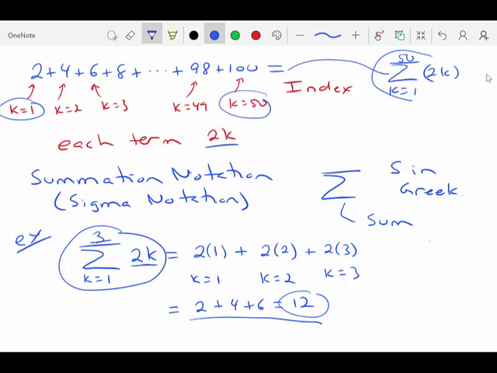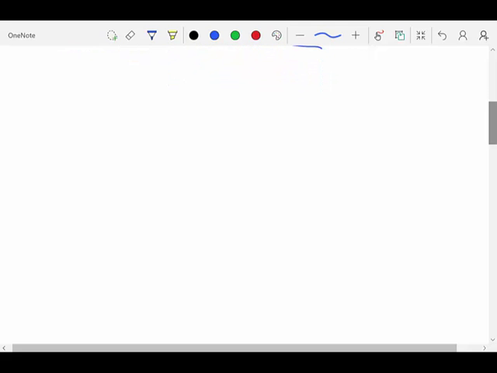Obviously, you could do that with this one, but since there's 50 terms, that would be an awful lot of adding. And what we're going to do is come up with a quicker way of figuring out how to add all of those up. But before we do that, let's look at a couple of examples.